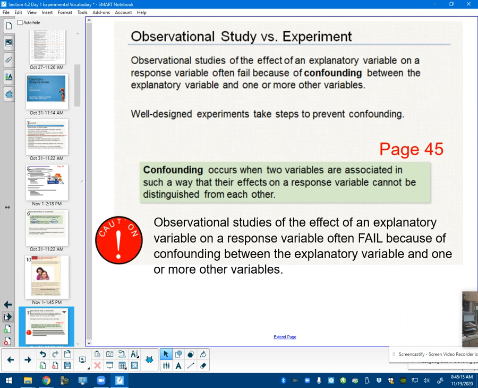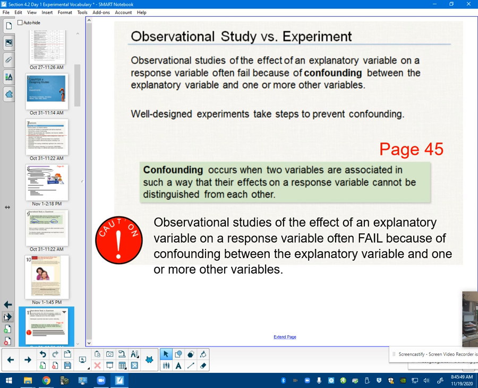Okay, so this is on page 45 at the top. We have confounding variables when two variables are associated in such a way that their effects on a response variable cannot be distinguished from one another. So that's what happened in that hormone study. The two variables were taking hormones and women taking good care of themselves. Those two variables confounded each other, so you didn't know if the women made it through menopause successfully because of their self-care or because of their hormones.